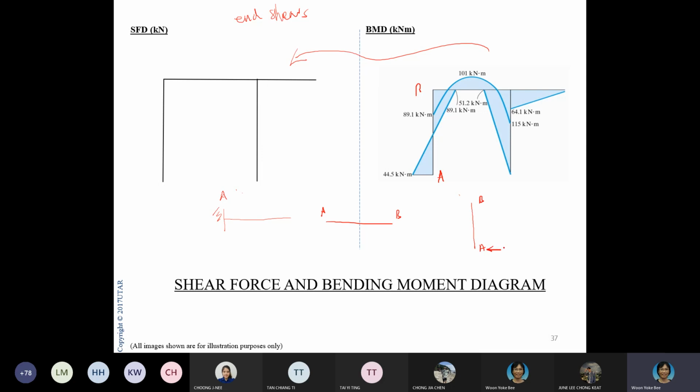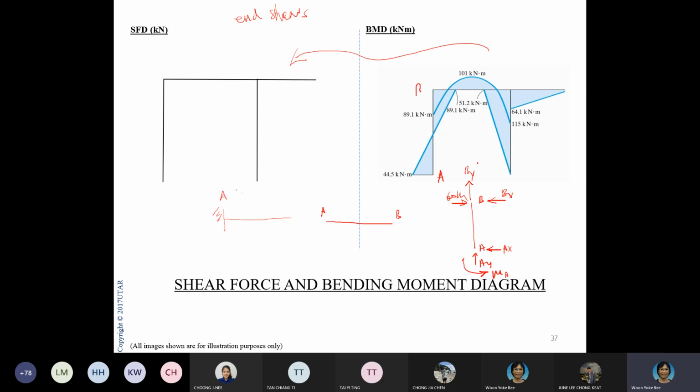You indicate all the Ax, Ay, and of course you have MA, and then you have the load here, 60 kilonewton. Then here you would have another By, and also your Bx, because this is a frame, so you need to have 3 degrees of freedom.